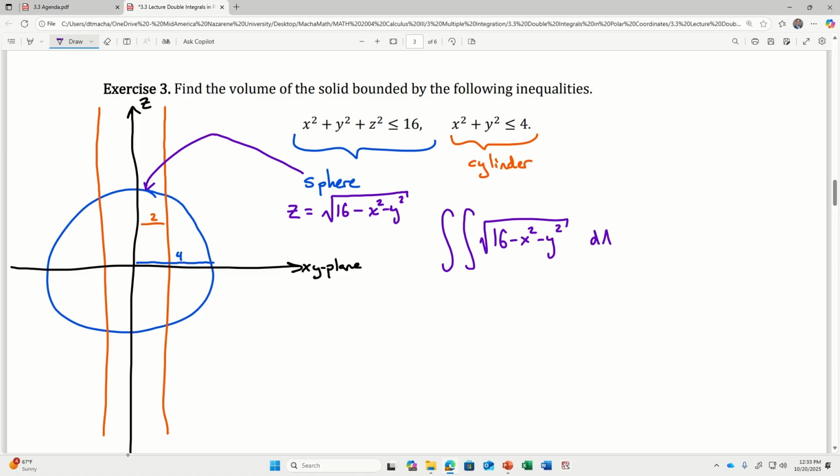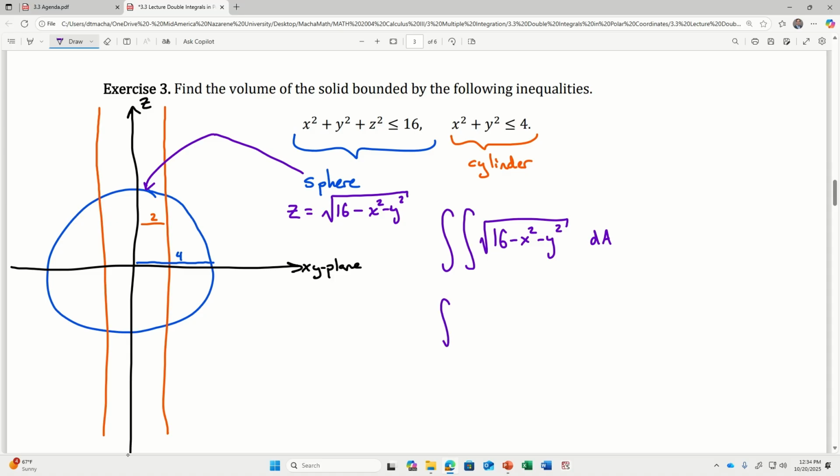But this is one of those cases where if I tried to work out this problem in rectangular coordinates, it's going to be way more difficult than if I just switch to using polar coordinates. So let's do that.